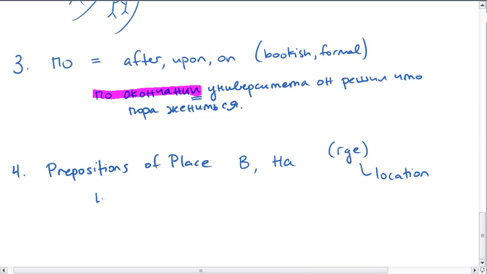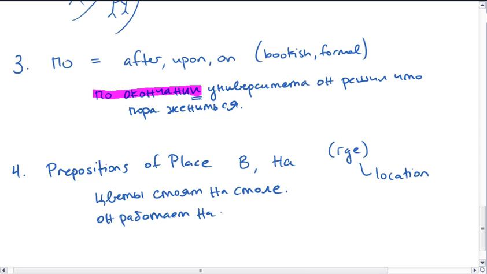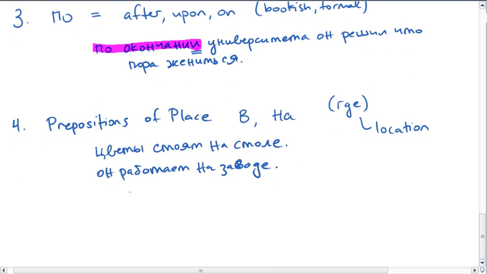So we have цветы стоят на столе, or он работает. Где он работает? Он работает на заводе. На заводе. He works at the factory. So, на, right? Где? What's the location, or where does it happen?